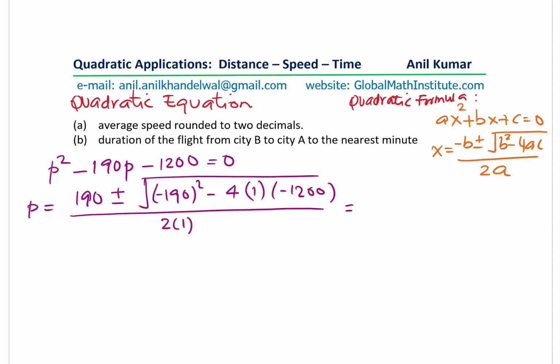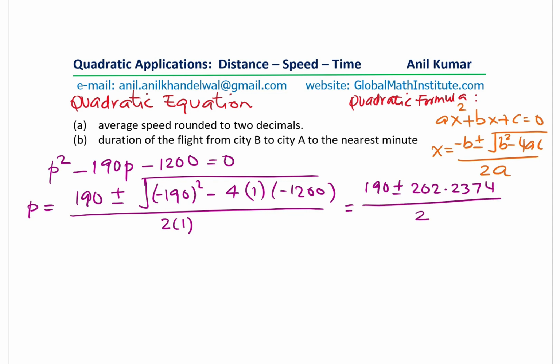So I'll do plus 4 times 1200, and that is 10 square root 409. Decimal value is 202.237. So let me write this as 190 plus or minus 202.2374, divided by 2.